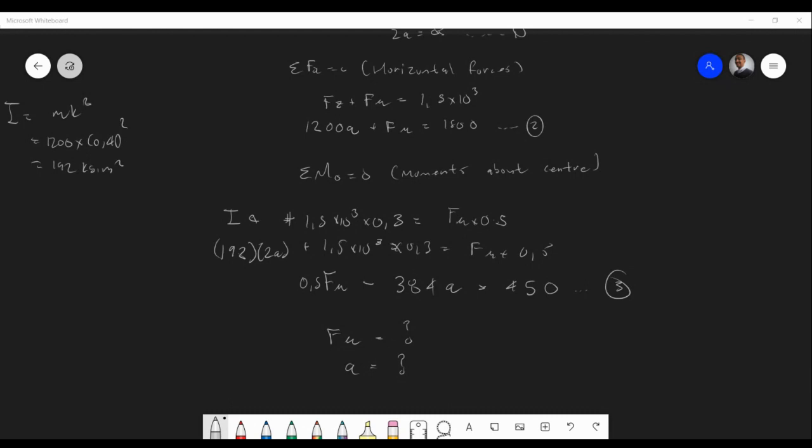So can someone please get my F mu and A values and determine whether it will roll without slipping or roll and slip?